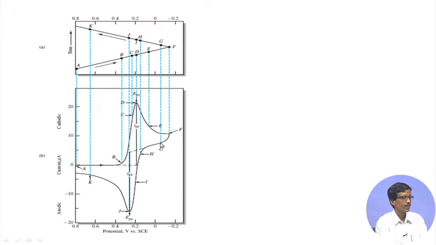One is G. When it is G, the time-potential plot will give you the corresponding time, and in the potential-current plot G will come over here. Then you have H, I, J and then K. So, the whole cyclic process is completed and we get this particular plot, and how we extract information out of this plot, that we will see.